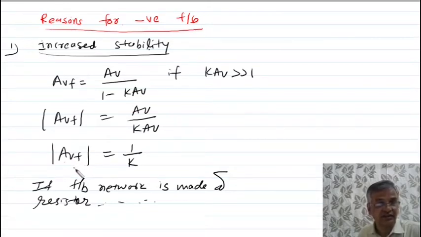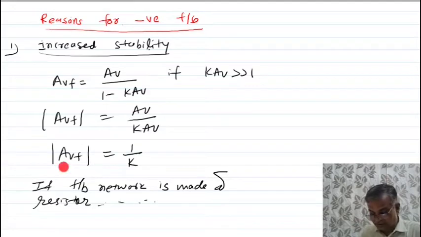So you can say the circuit of the amplifier with feedback is more stable compared to the circuit of the amplifier without feedback, because without feedback, the gain of the transistor amplifier circuit depends upon the temperature, transistor parameter beta, frequency and so on.